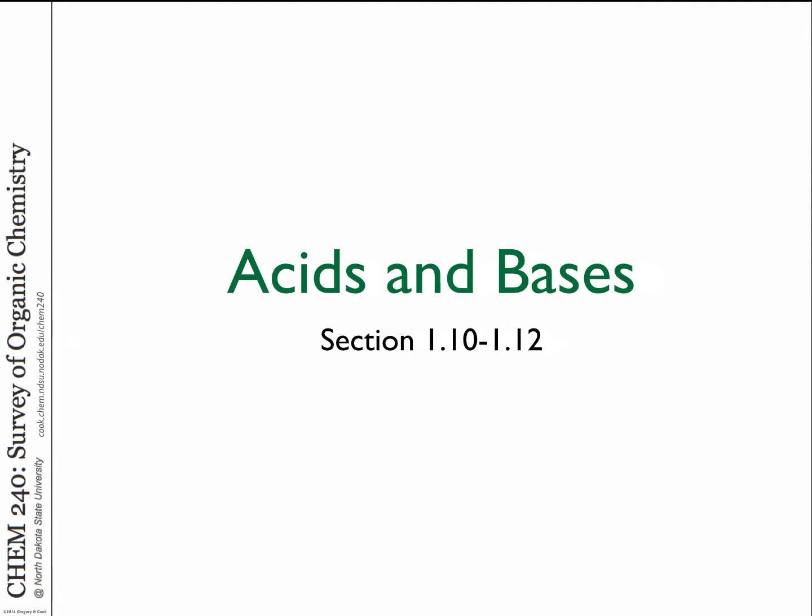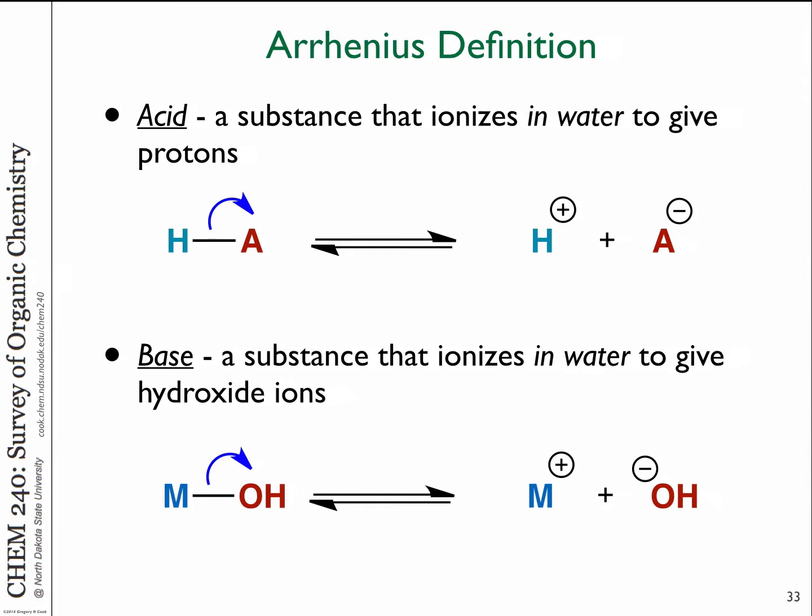There are more definitions of acid. And it's useful to know the subtle differences between how we describe acids and bases, because there is some relationship between them. An acid, under the Arrhenius definition, is a very specific definition of an acid. It's a substance that ionizes in water to give protons, in a very specific case.